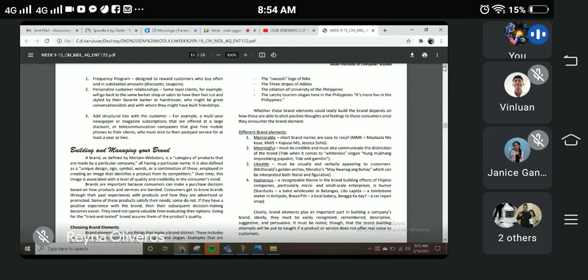'Di ba? Your logo or your brand must be credible and must also communicate the distinction of the brand. Halimbawa na lang, yung Tide. 'Di ba? Yung Tide, ang slogan nila is kung mukhang posibleng paputiin, Tide ang gamitin. Kung mukhang imposibleng paputiin, Tide ang gamitin. Kasi, the Tide came from a word, whiteness. 'Di ba? Kaya yun yung ginamit nilang slogan. So, meaningful. 'Di ba?